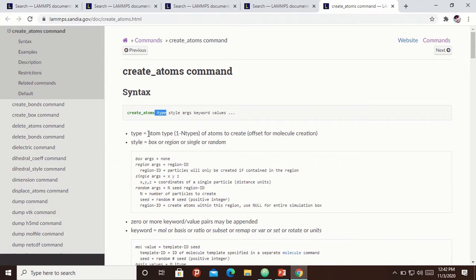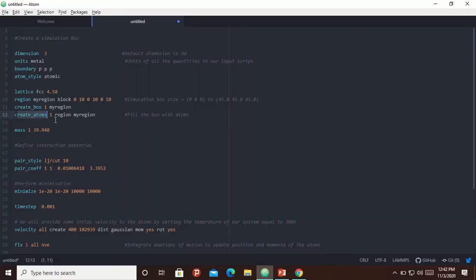Okay, so atom type of atoms to create. Now what does this mean? This means which kind of atom you are going to fill in your box. Okay, so now I have only one type of atom, that is argon. Okay, so I will write here 1.